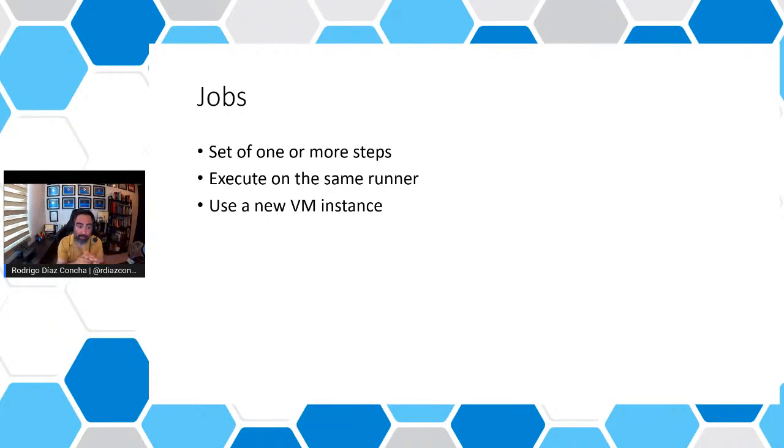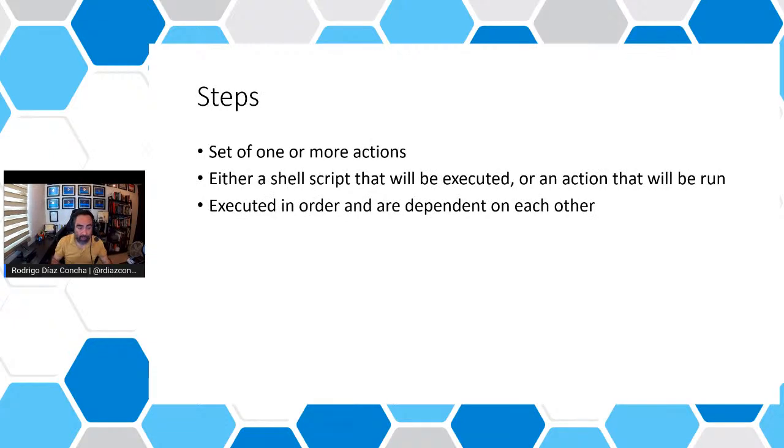That's important because you cannot directly share data between jobs because of this. Because every time a new job is executing, you'll have a new VM instance. That's why.